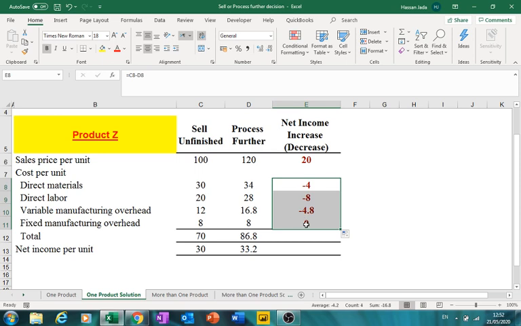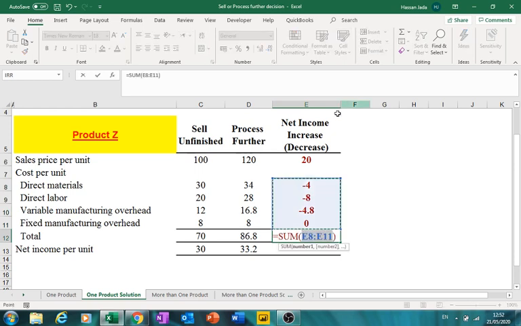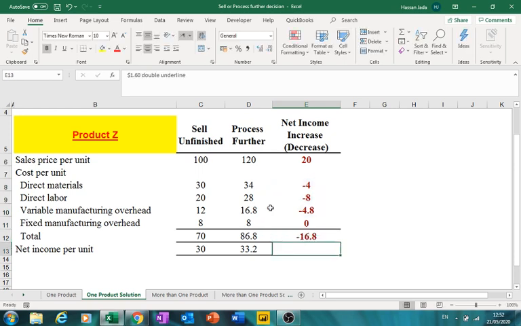Here no change. Then we sum these amounts: an increase in cost of $16.80, and this results in a decrease in income of $16.80.